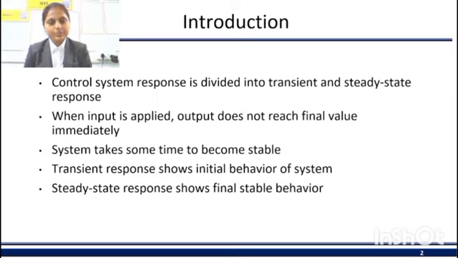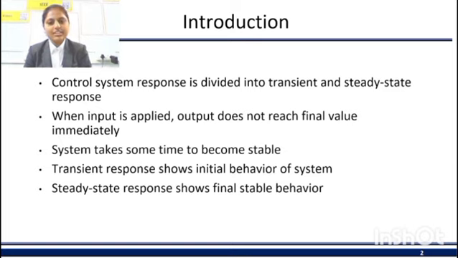just after the input is applied, during which the output may rise, oscillate, or overshoot before settling. This part exists only for a short duration and depends on the system dynamics. After some time, the transient effect disappears and the system reaches a stable condition where the output becomes constant.